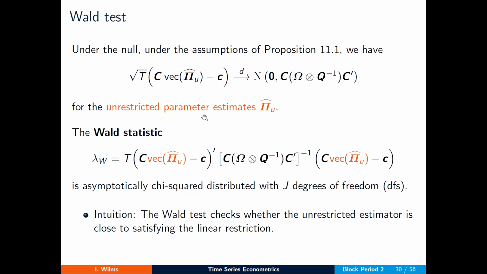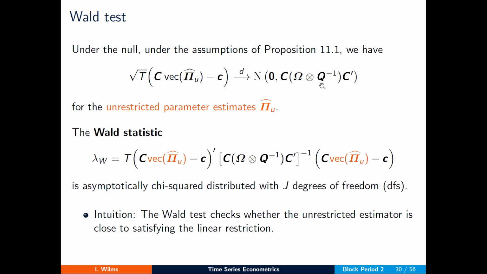So the estimator, as you would have seen in the previous video, which I denote with pi hat u for unrestricted model. And we can rely on the delta method to determine its asymptotic variance. So this guy also goes in distribution to a normal. And how can we obtain the asymptotic variance?